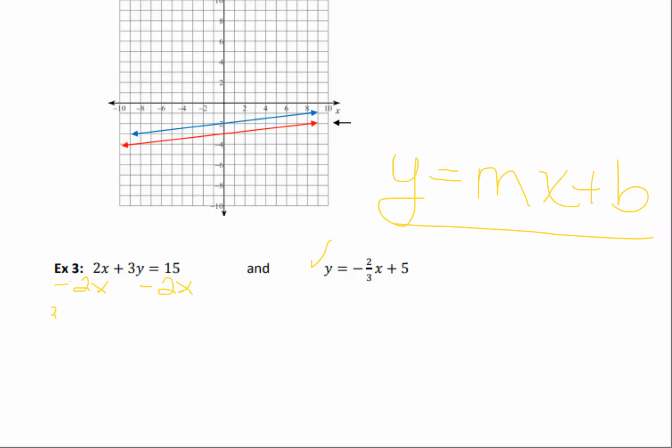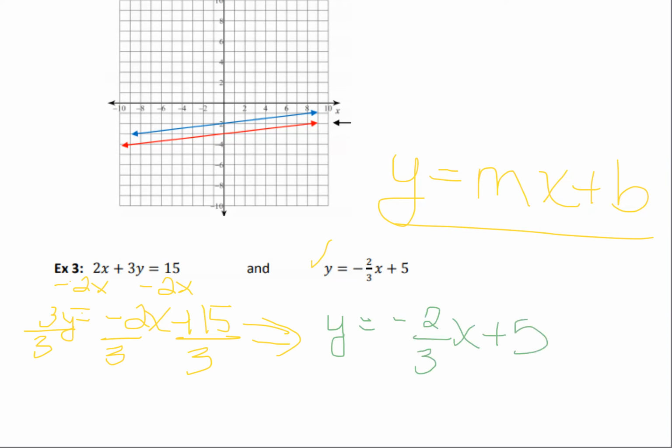Okay, so that gives me 3y equals negative 2x plus 15. Then we're going to divide by 3. That gives me y equals negative 2/3 x plus 5.